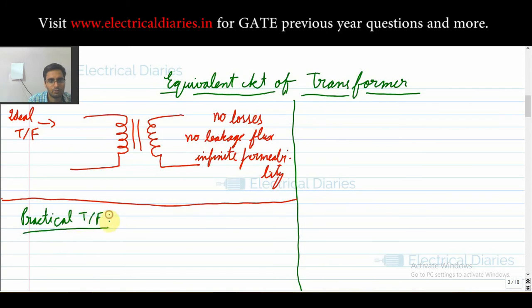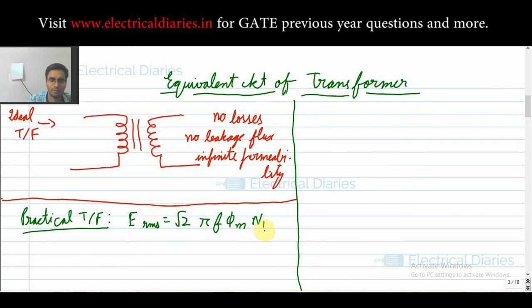I hope you all know the voltage equation for transformers: E equals root 2 pi f phi max into n1. I am writing n1 because I am considering it as the primary side turns.